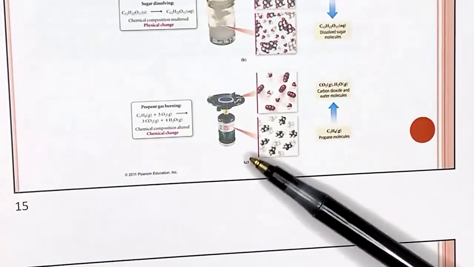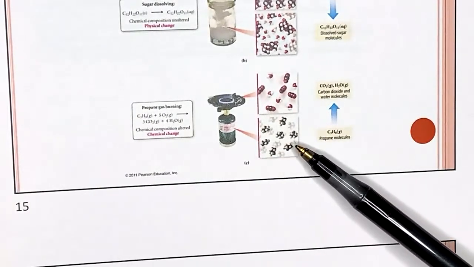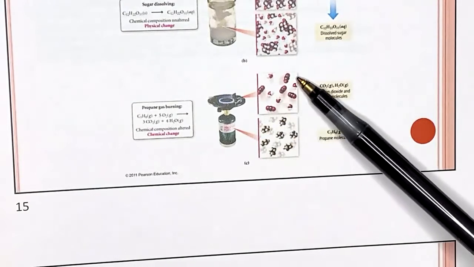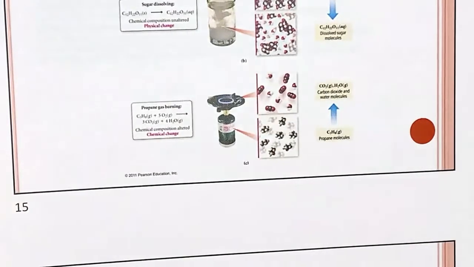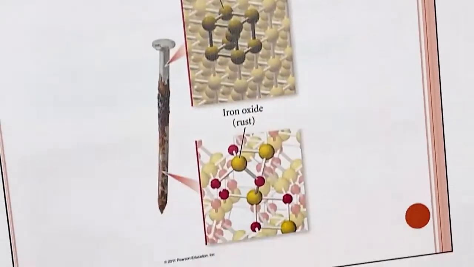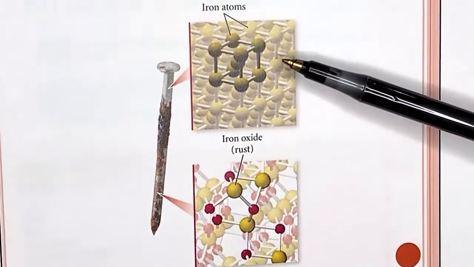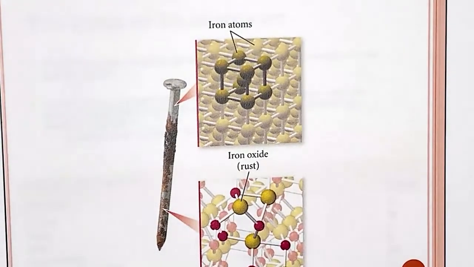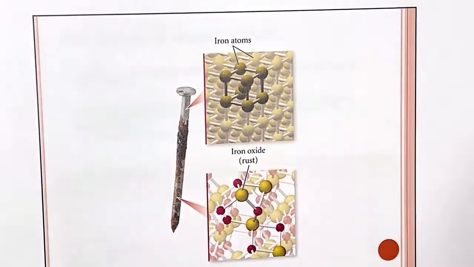And then this is propane burning. So the composition actually changes. You have propane, and then you end up with carbon dioxide and water in the end. Now here's a picture of iron, and then it rusts, turns into iron oxide. The chemical composition itself actually changes.